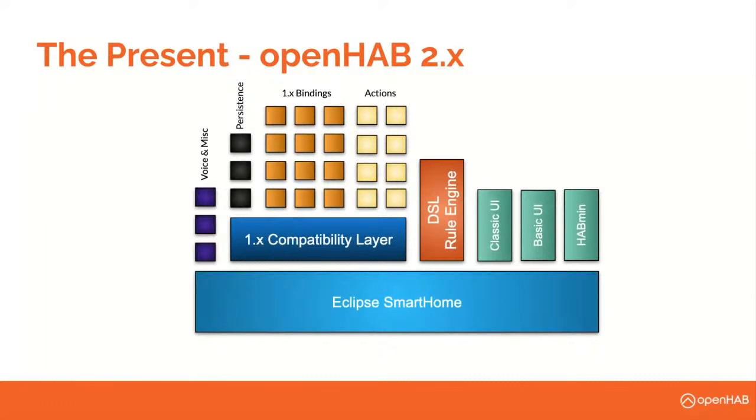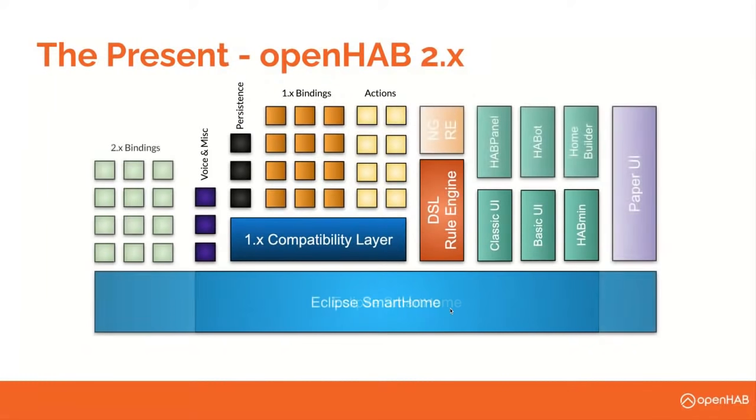Now, the main focus of Eclipse Smart Home was then really to spread this framework to non-tech users, meaning that more or less everything should also be feasible to set up and configure through graphical user interfaces and not just through pure textual configuration.